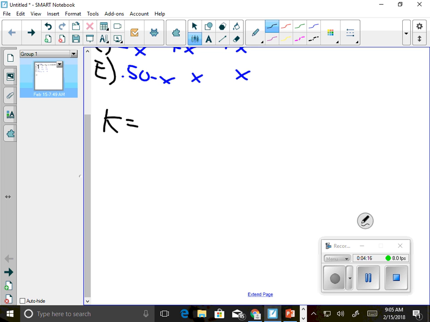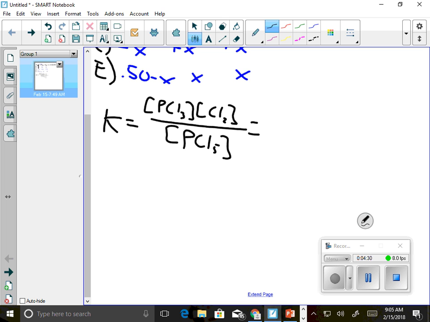If we were to solve for K, it would be the concentration of the PCl3 times the concentration of the Cl2 divided by the concentration of the PCl5, which in this case is x times x divided by 0.50 minus x equals the K value of 4.0.